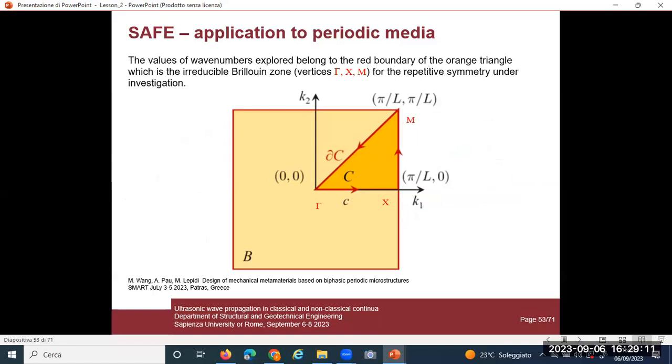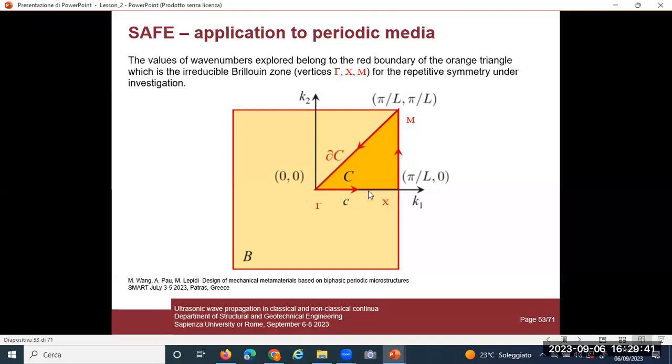And we did that. I'll explain to you after what is the advantage of doing that. And we did that by exploring the irreducible Brillouin zone, which I mentioned before, which in the case of a centrosymmetric material such as this one is basically this red list.